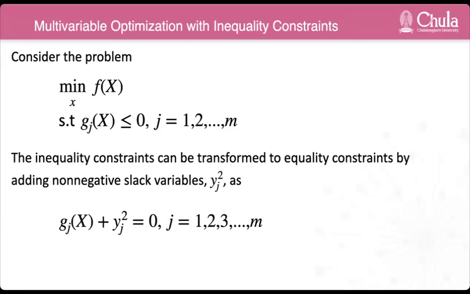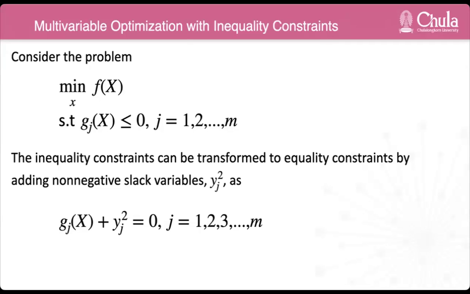Okay, so how can we solve this problem? The first technique is we can convert this inequality constraint to equality constraint by adding a slack variable. yj is the slack variable. Once we add the slack variable, it must be non-negative, right? Because this is lesser or equal, we cannot add a negative value there. So g(x) plus yj squared renders this expression to an equation, equal to 0, right?